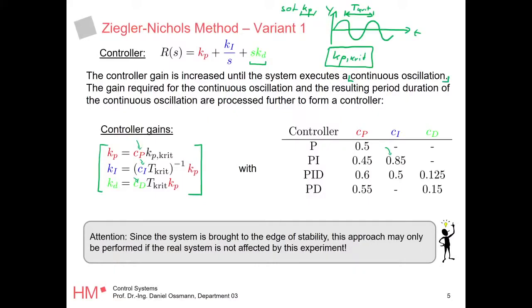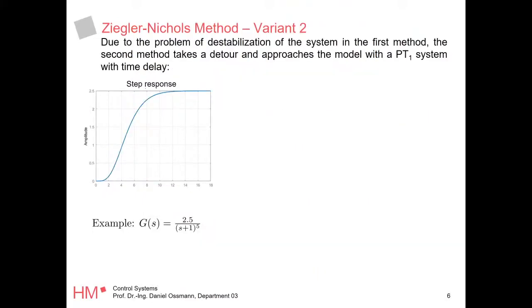I'm going to do an example in just a second in MATLAB after the second variant so that you actually see what I mean. Okay, again, the problem with this method is really that you have to drive it unstable, right? And there are a lot of systems you actually do not want to drive unstable to calculate these two gains. And this is where the second method is, let's say, not so hard on our physical system.